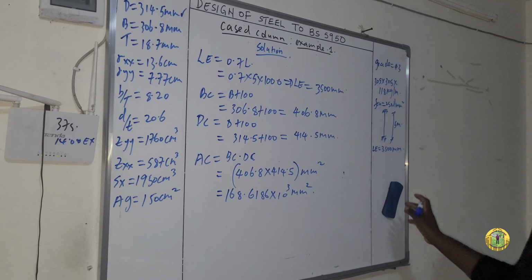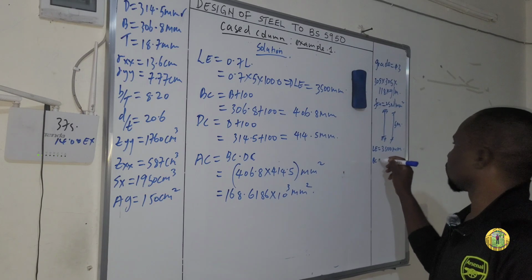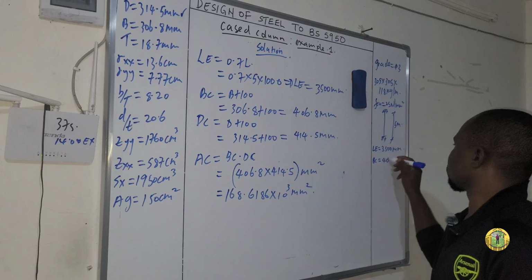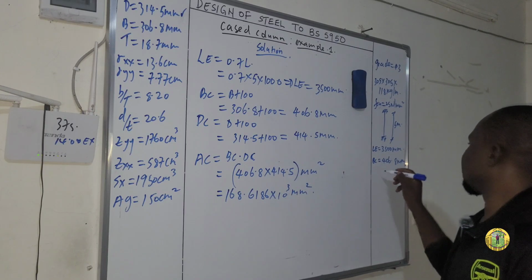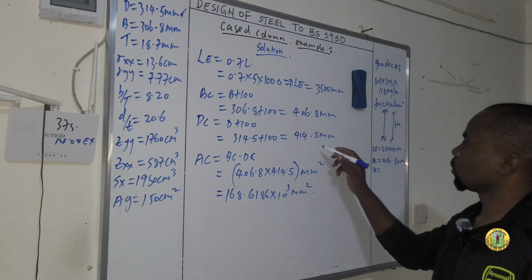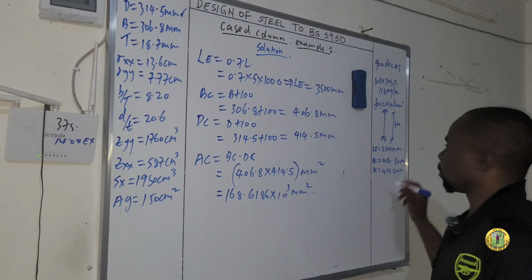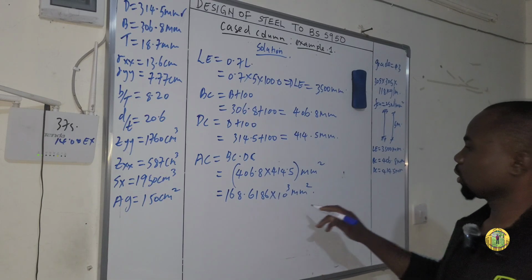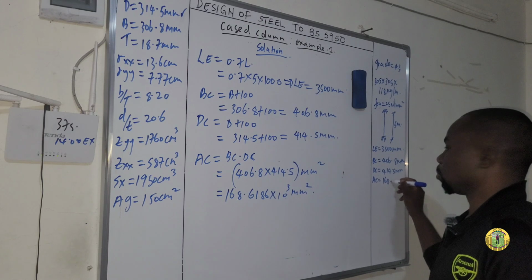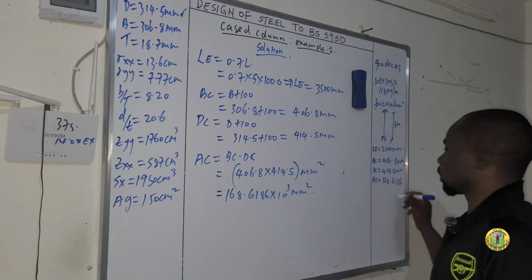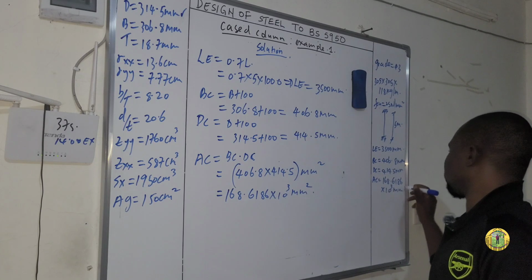You can come here and say BC is equal to 406.8 mm, and DC is equal to 414.5 mm, and then the AC is equal to 168.6186 times 10 to the power of 3 millimeter square.